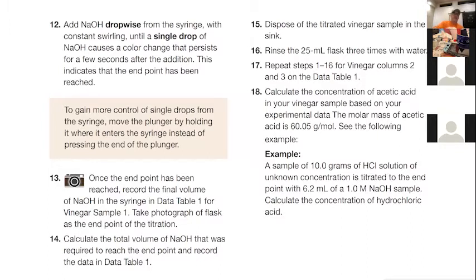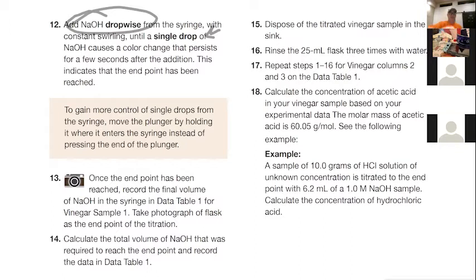Okay. So basically, we're going to be adding the hydroxide drop by drop with constant swirling until a single drop causes a color change that persists when we're swirling. And when that's done, we're done. We've reached the end point, and then we calculate the volume of hydroxide we've added.